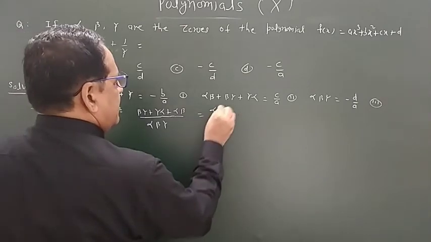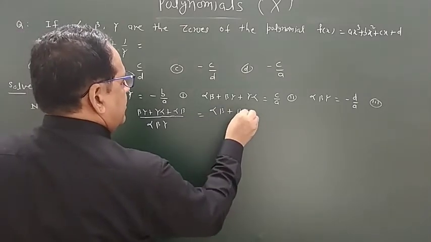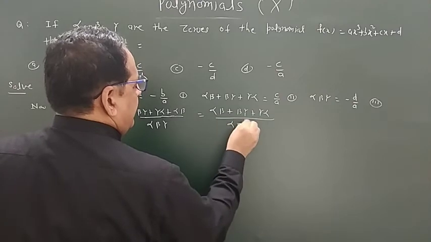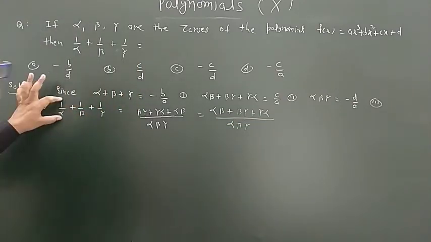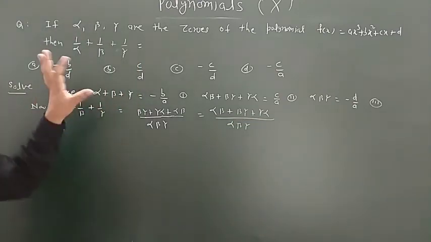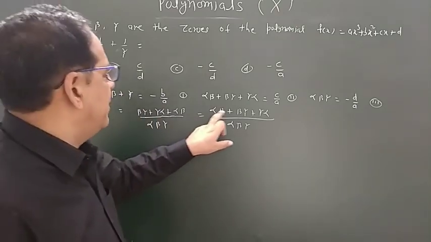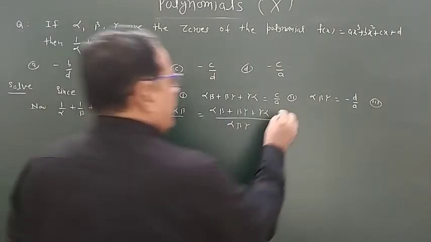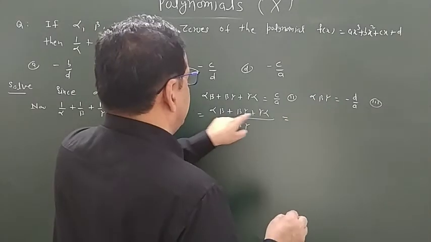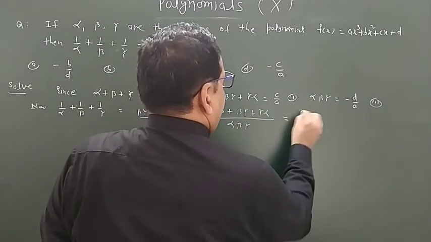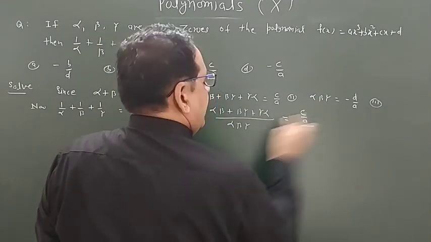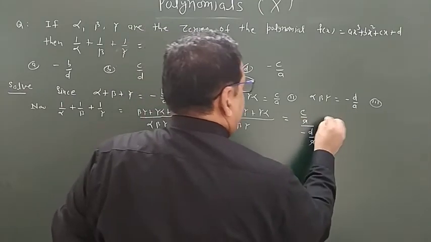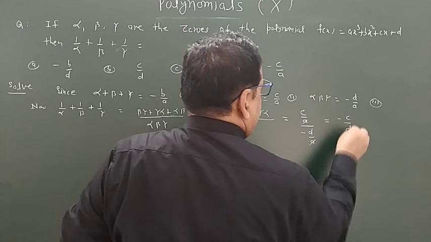So 1 upon alpha plus 1 upon beta plus 1 upon gamma can be written as alpha beta plus beta gamma plus gamma alpha upon alpha beta gamma. Now the value of alpha beta plus beta gamma plus gamma alpha is c upon a, and the value of alpha beta gamma is minus d upon a. So a is cancelled out here, and we have only minus c upon d.